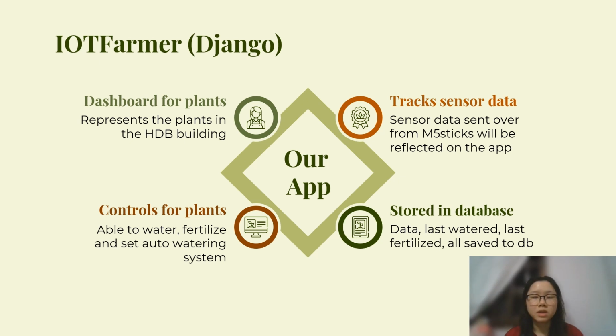Moreover, users have control over plant care through intuitive controls that enable actions like watering, fertilizing, and configuring auto-watering systems. All in-depth information, including data readings, last watered, and last fertilized timestamps, are securely stored in a database, ensuring data integrity and accessibility for informed decision-making and plant maintenance scheduling.